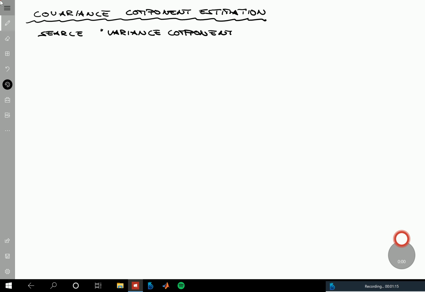But in neuroimaging, covariance components estimation is always done using REML. So one can do covariance component estimation using maximum likelihood or restricted maximum likelihood. Because we are doing neuroimaging, we will focus on doing covariance component estimation with REML.